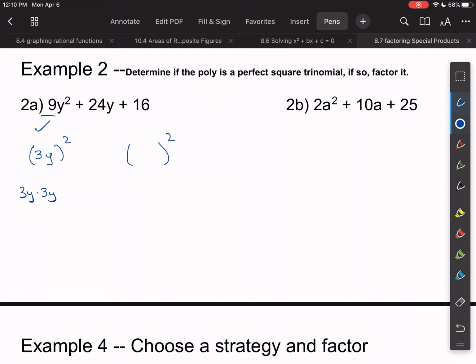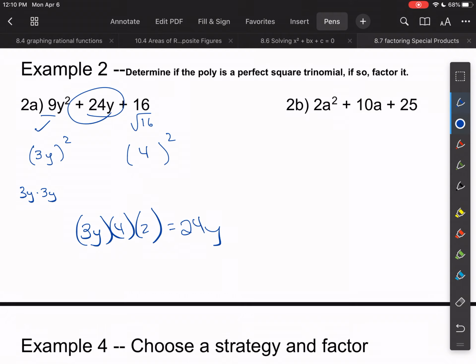16 can be written as 4 squared. So then I check this. 3y times 4 times 2. Does that equal 24y? Well, 3 times 4 is 12, times 2 is 24. Yep, 24y, it does indeed.